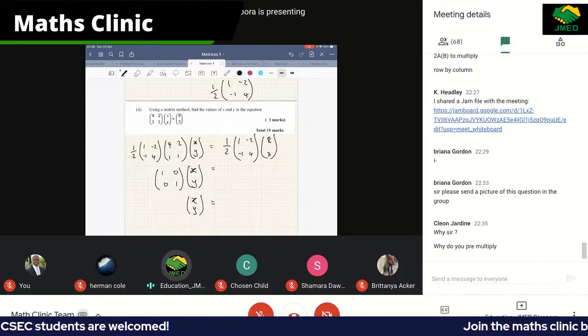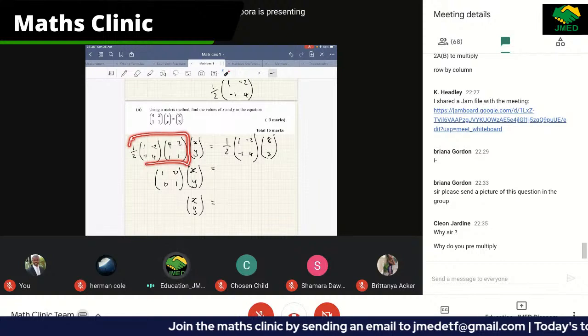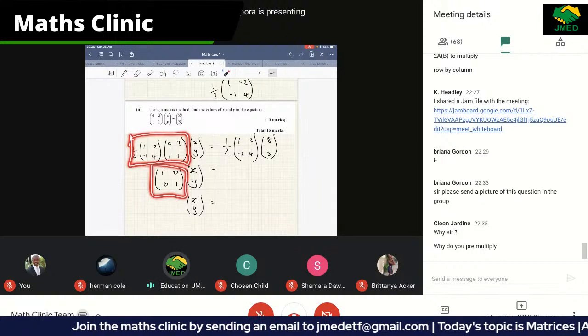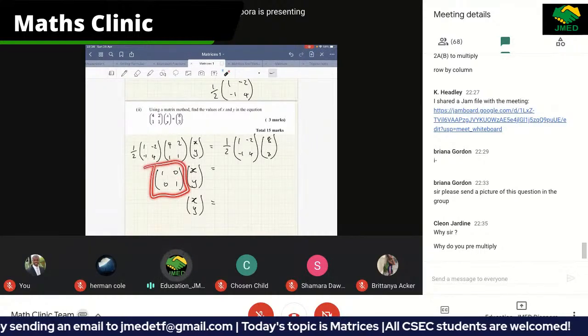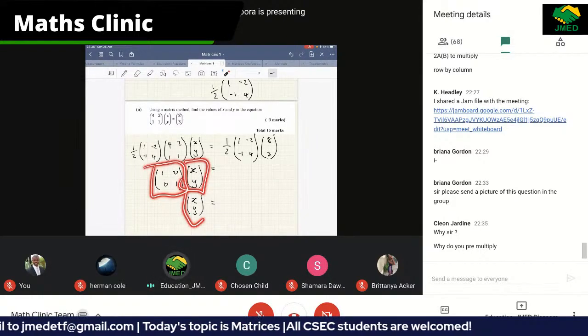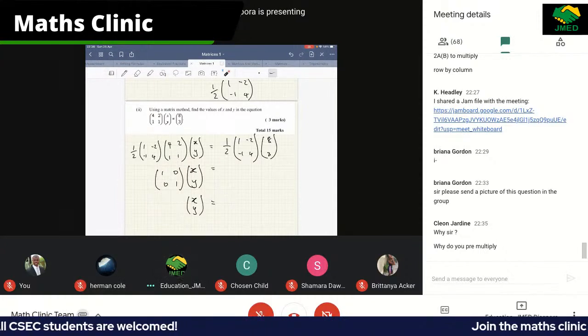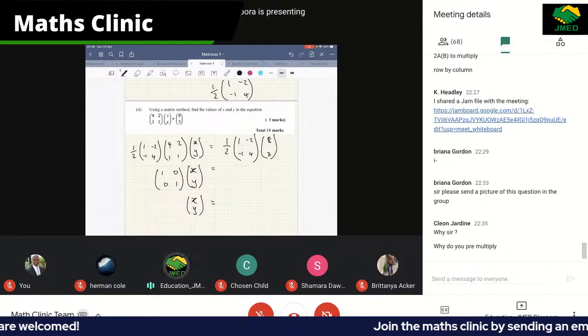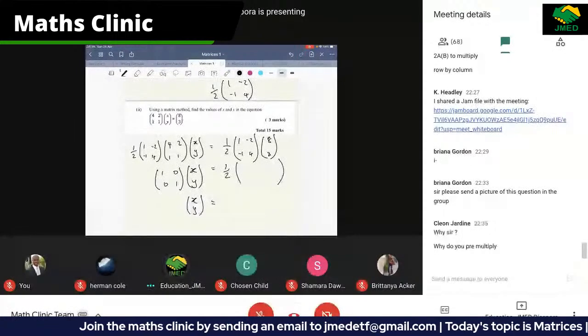Okay? I use 2 principles. The first principle is that the matrix times its inverse gives us the identity matrix. And the second principle is that the identity matrix times anything gives you that. And on the right-hand side, I don't like working with fractions, so I'm going to write my fraction back, and then multiply those 2 matrices.